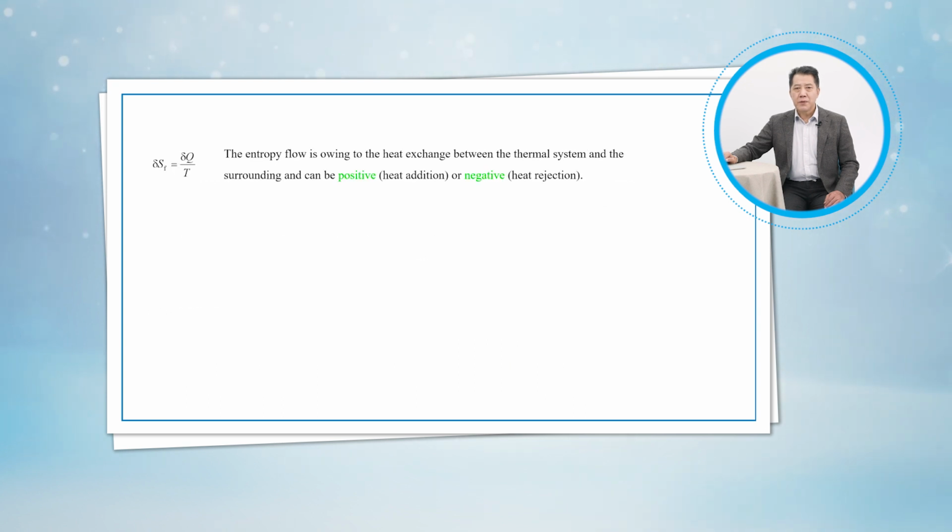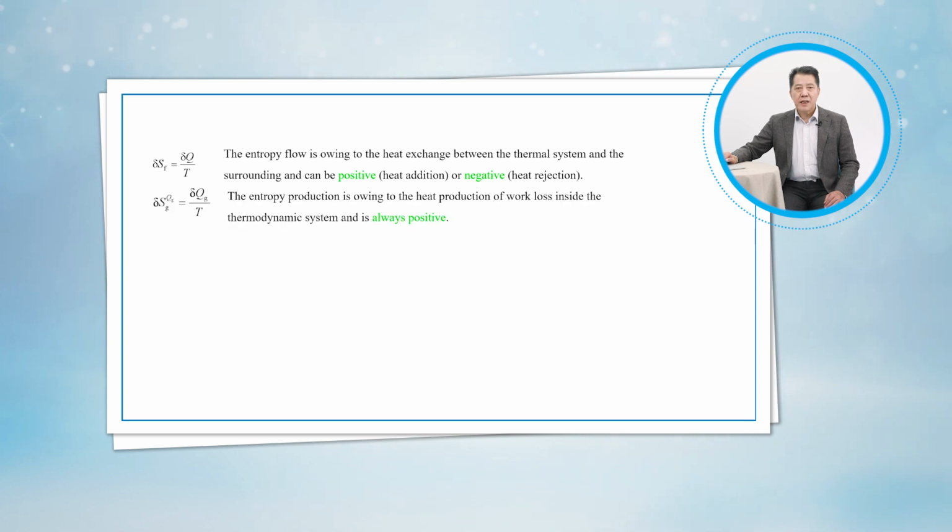The entropy flow is owing to the heat exchange between the thermal system and its surroundings, and can be positive or negative. The entropy production is owing to the heat production of work loss inside the thermodynamic system and is always positive.